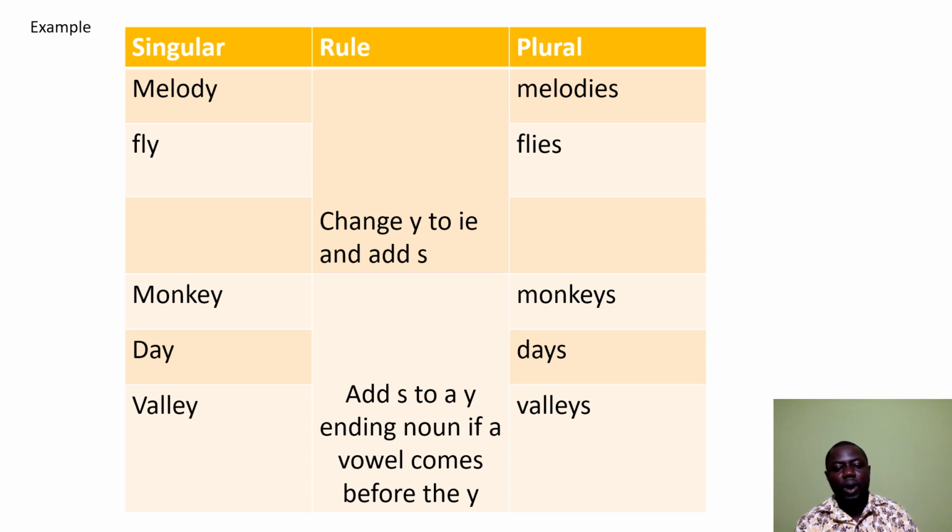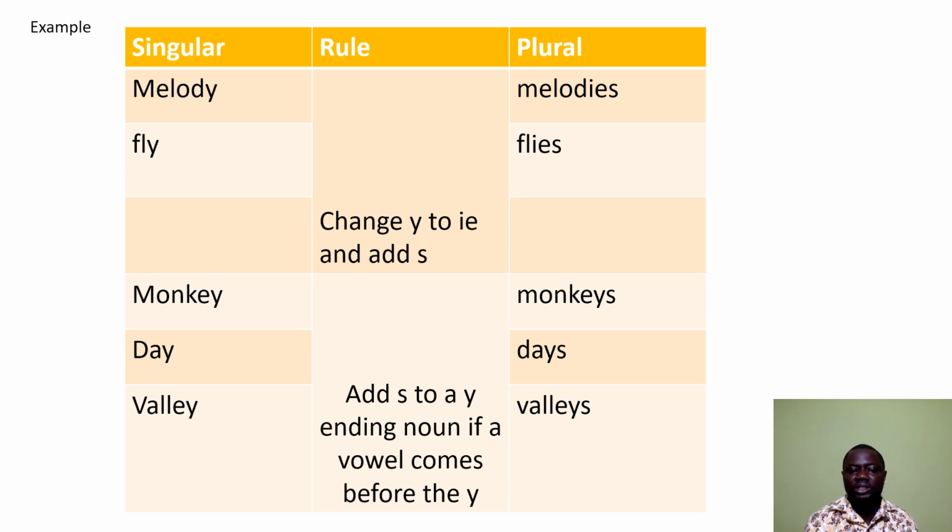Good. The ones that end in y. We are saying that when they end in y, change the y to ie and then add s. Even this one is limited to some nouns that end in y. Not all nouns that end in y have this formula for their plural. So these are irregular nouns as well.